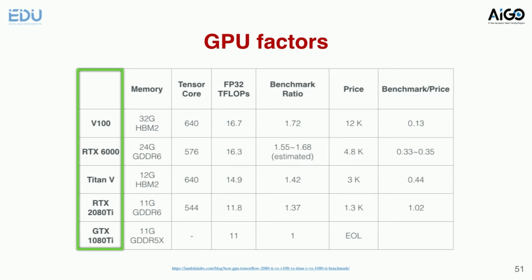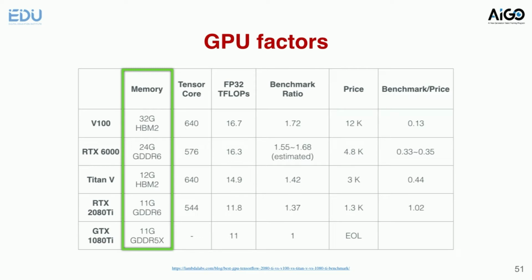There are many specs we should look at. For example, memory. The V100 has 32 gigabytes of HBM2, and the RTX 6000 has 24 gigabytes.